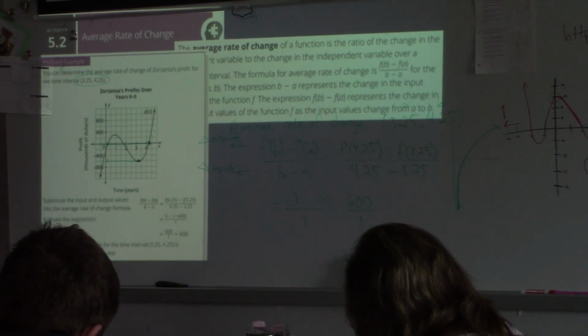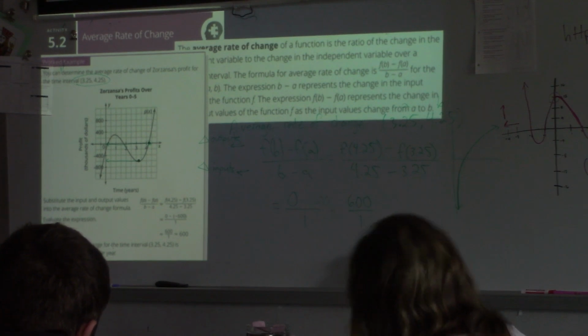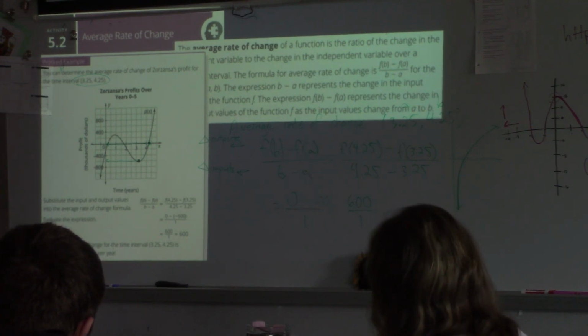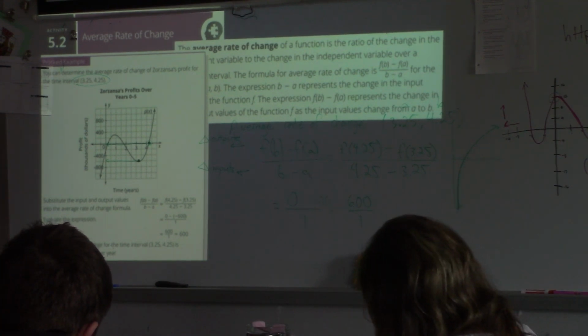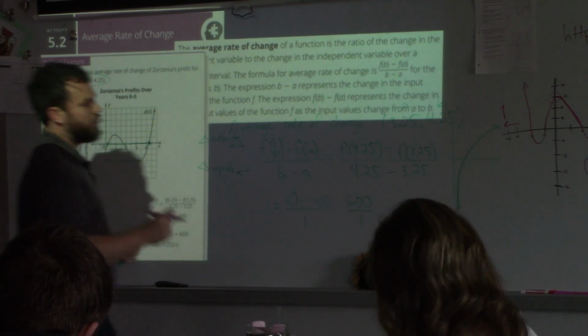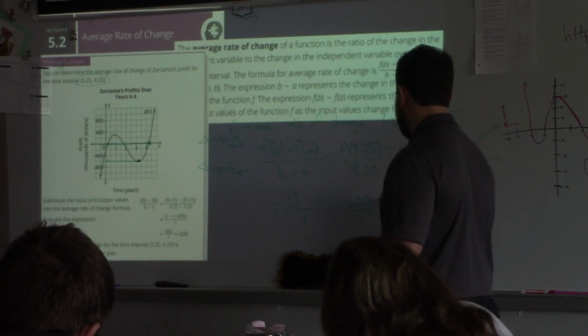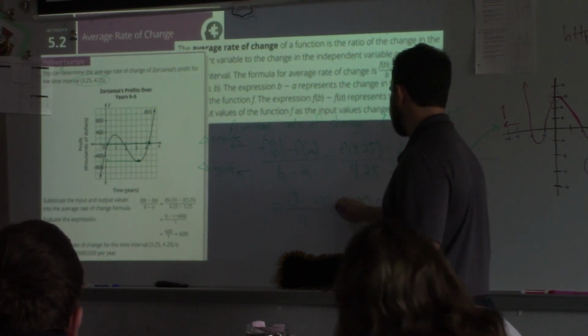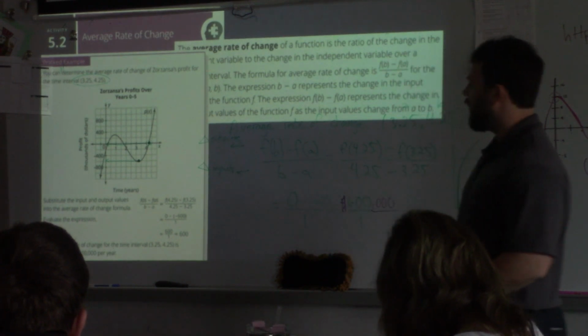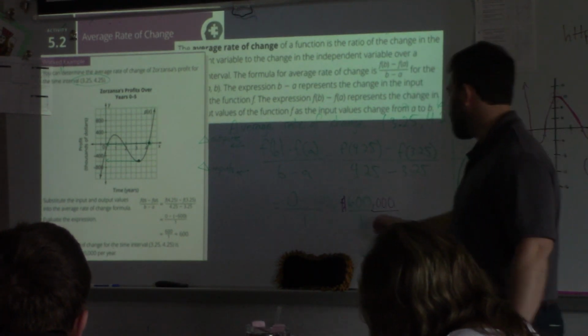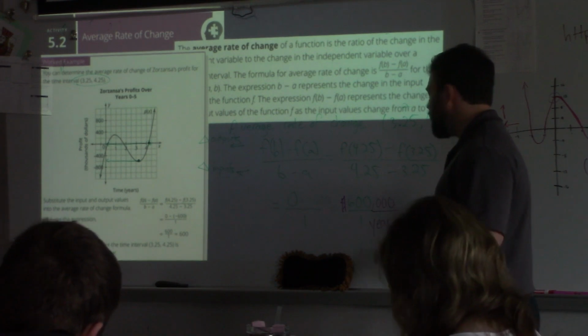What is that y? The profit of what? Thousands of dollars. So 600 what? 600,000 what? Dollars. $600,000 per one what? Per 1 year. So what is this actually saying?